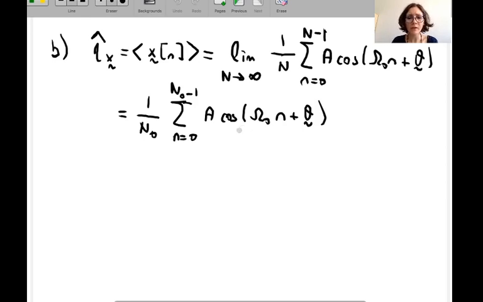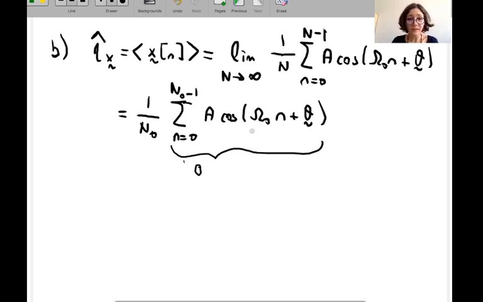And what we are doing here is time averaging. So n is the variable that runs through time, through this process. You're adding up the samples of a cosine function over a complete whole period. So this is going to add up to 0, right?